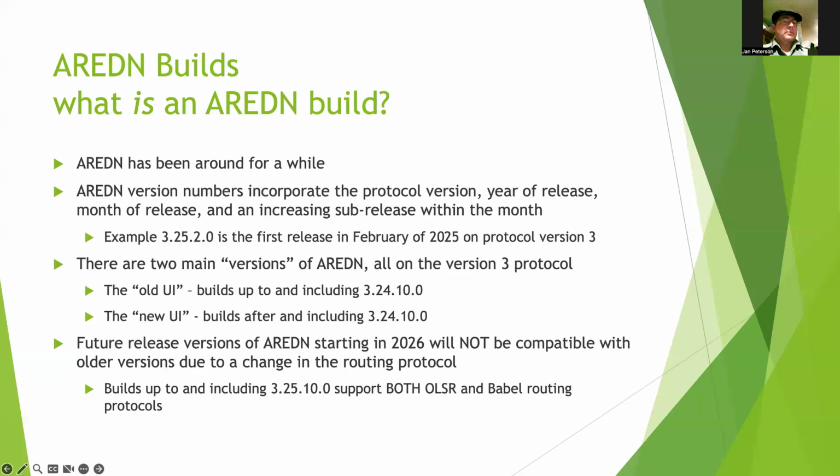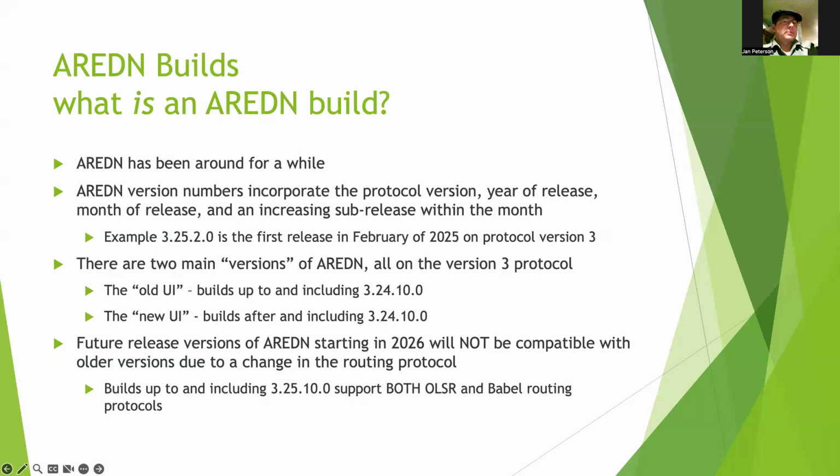AREDN version numbers incorporate a protocol version, which is now version 3. That's the one that we're currently working. They have the year of release, the month of release, and an increasing sub-release within the month in case there is another build released in the month. That only happens if there's a big problem with a release build. You might get a .1 released. So, for example, 3.25.2.0 is 2025.